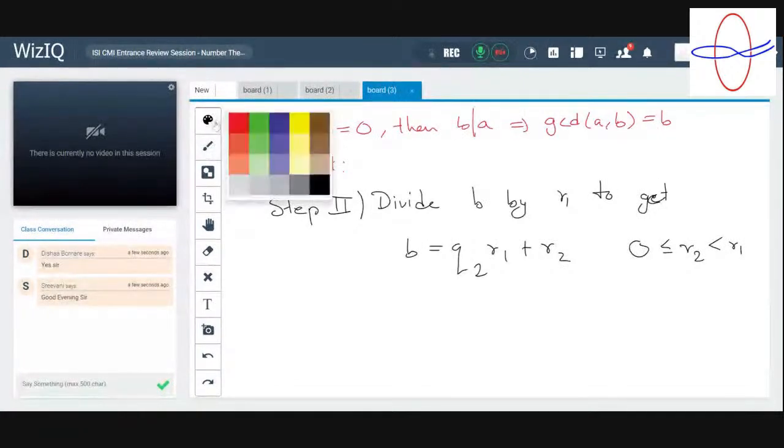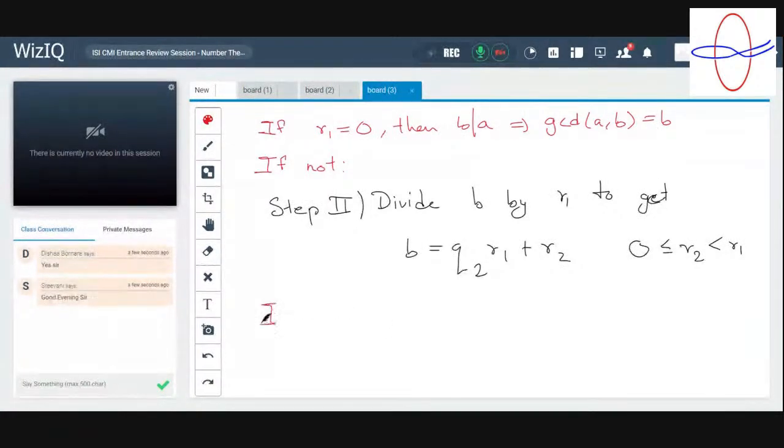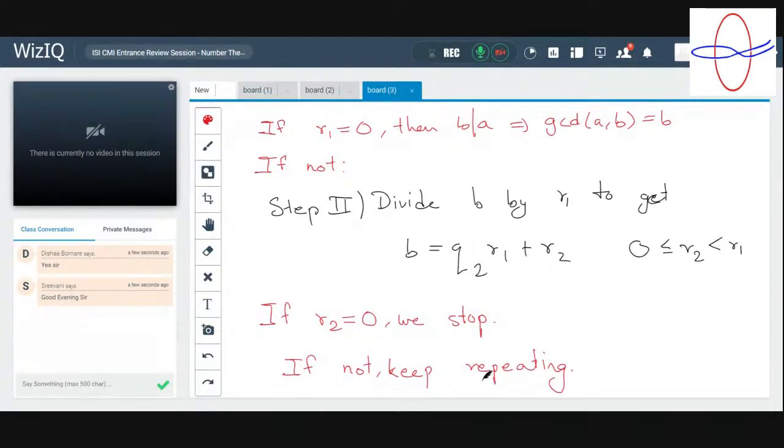And once again, if at this stage R2 is 0, we stop. If not, you keep repeating. So step 3 would have been divide R1 by R2 and write R1 is equal to Q3 R2 plus some R3, and so on till you get a 0 remainder.